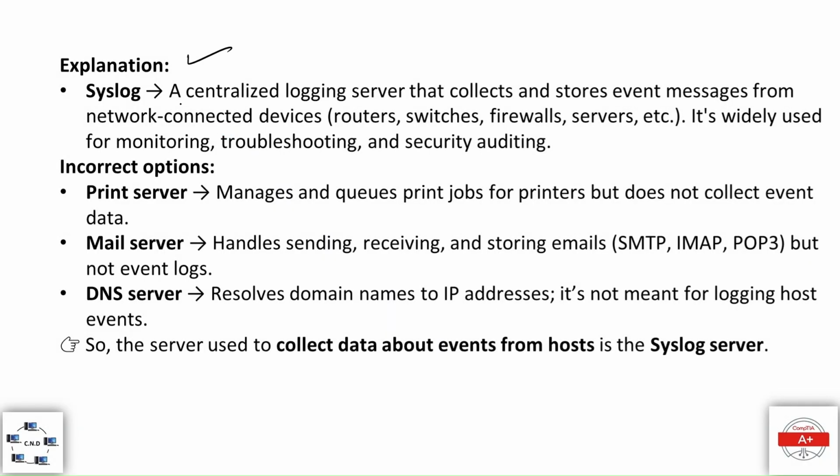And the explanation is, so syslog is a centralized logging server that collects and stores event messages from network connected devices such as routers, switches, firewalls, servers, etc. It's widely used for monitoring, troubleshooting, and security auditing.